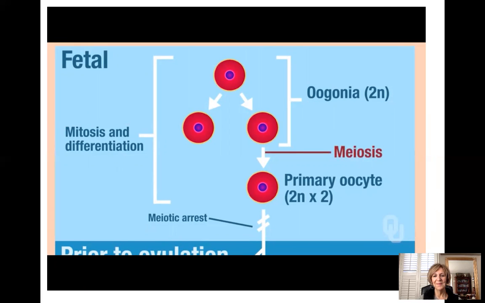Meiosis may begin, but it's not completed during fetal development. It is only beginning. During fetal development, the primary oocyte is produced through meiosis, and then that primary oocyte goes into what's called an arrest.